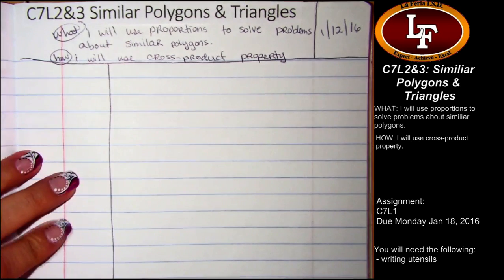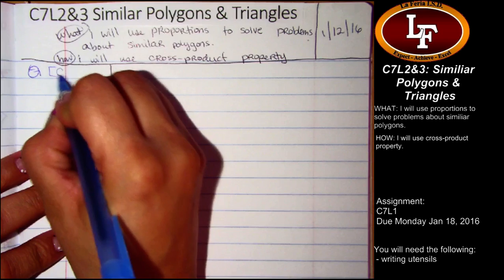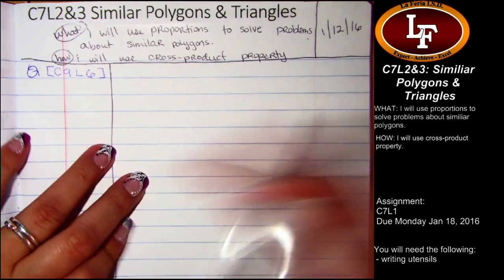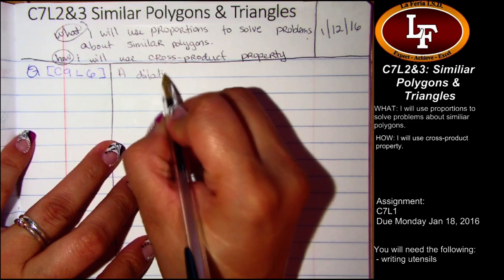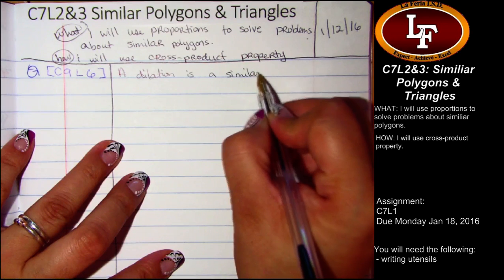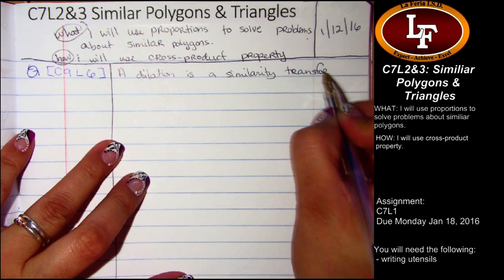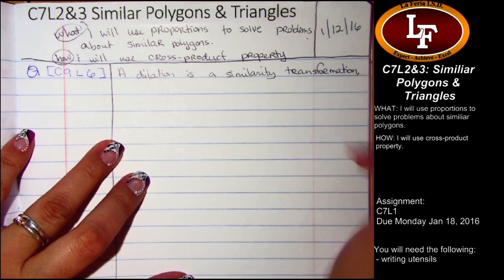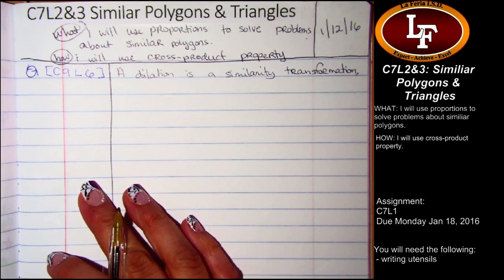All right, let's go ahead and start off with our first topic for today. The first item is a recall. You'll need to think back to Chapter 9, Lesson 6, when we were dealing with dilations. We had a sentence that said that a dilation is a similarity transformation. Which means that it's fundamentally different than the other transformations that we were doing in that unit.